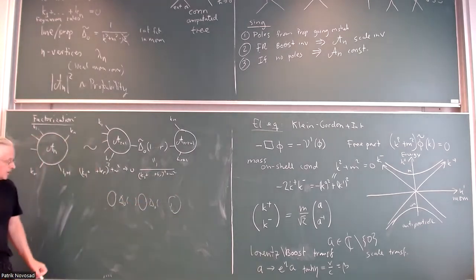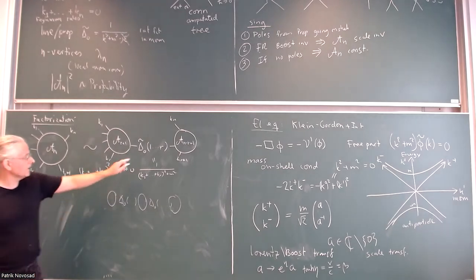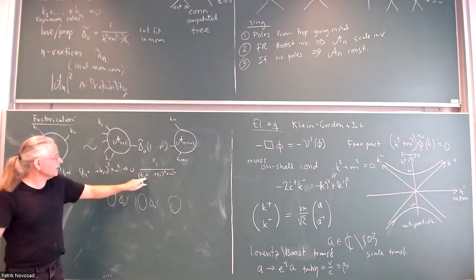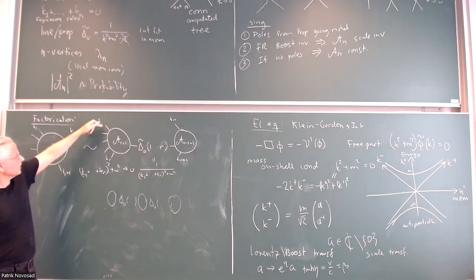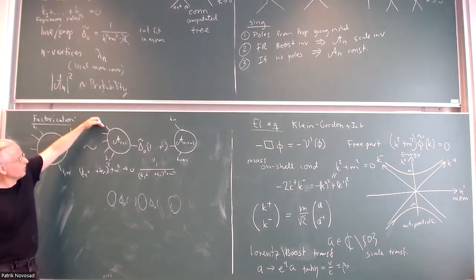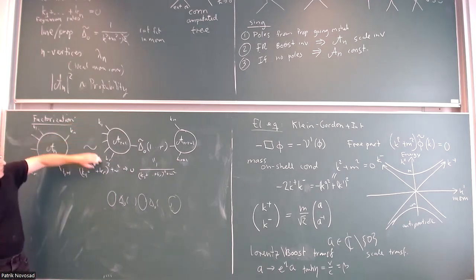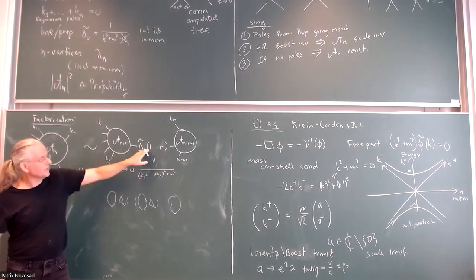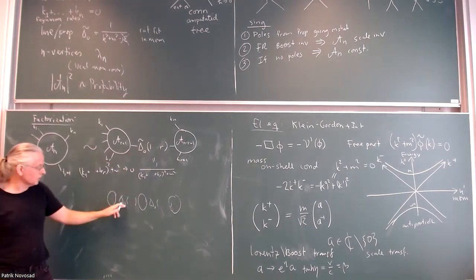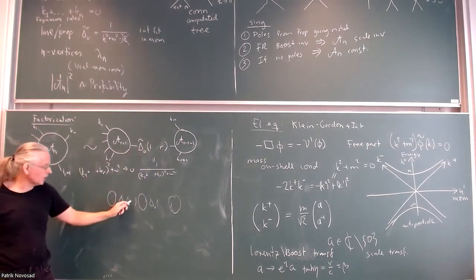Yeah, exactly. The point is that this number precisely corresponds to momentum conservation. The momentum from these r legs is inside this here. This one will be 1 to r.